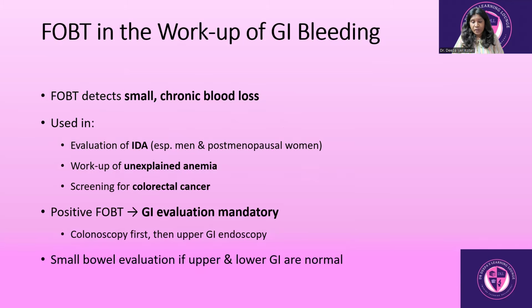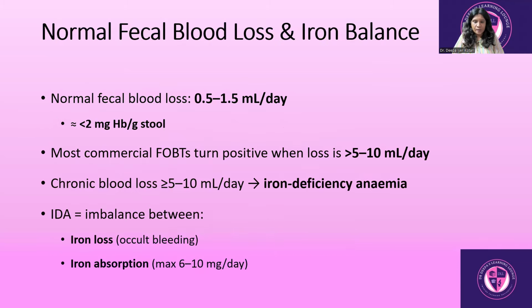To reach the small bowel, you can't do an endoscopy or colonoscopy. You will have to do a capsule endoscopy or a deep enteroscopy. So this is the next follow-up step in case there is nothing in the endoscopy or the colonoscopy. If the fecal occult blood result is positive, it triggers a mandatory investigation, especially in elderly cases.